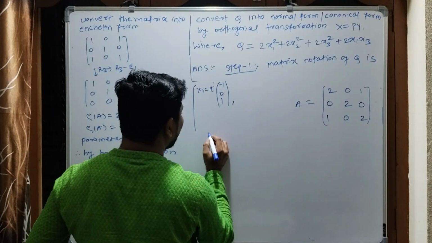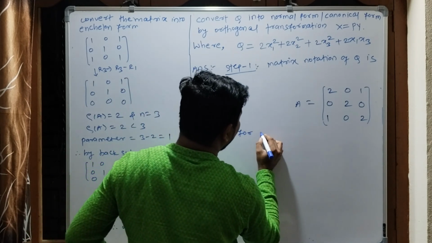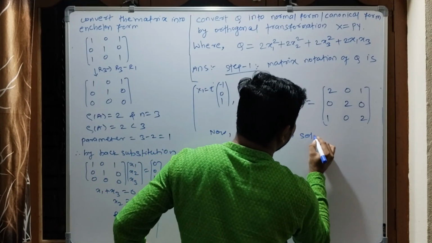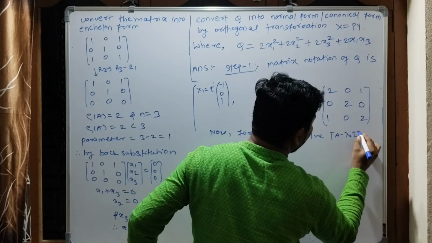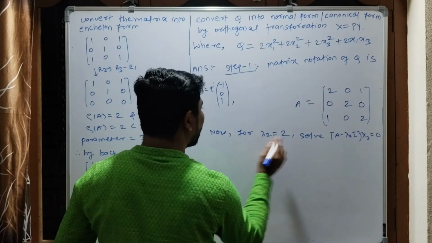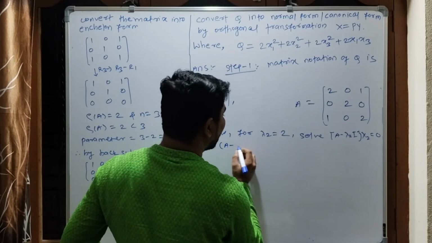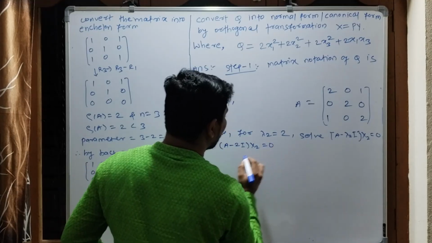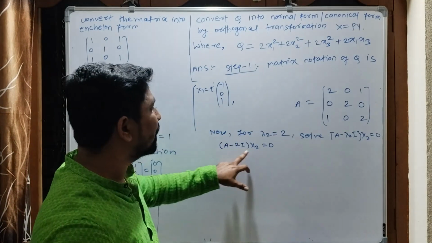Now for lambda 2 equal to 2, solve A minus lambda 2 times I times x2 equal to 0. Just put this value here: A minus 2 times I times x2 equal to 0. This is the matrix and this is 2 times the I matrix.